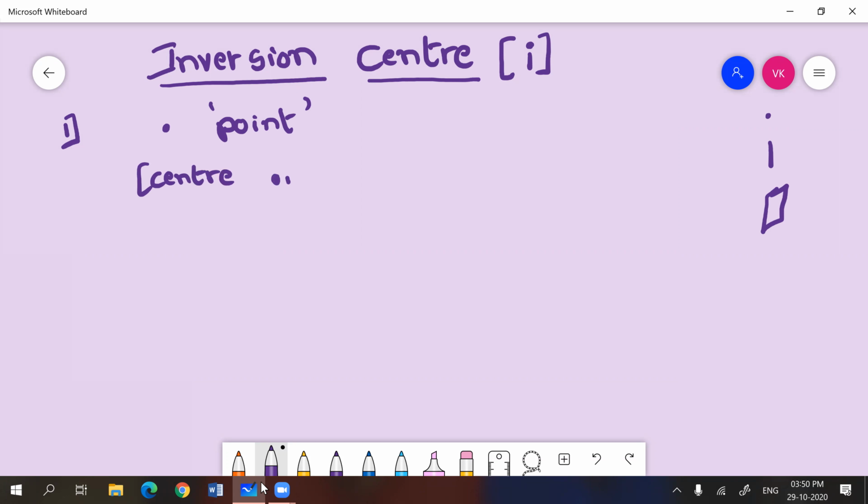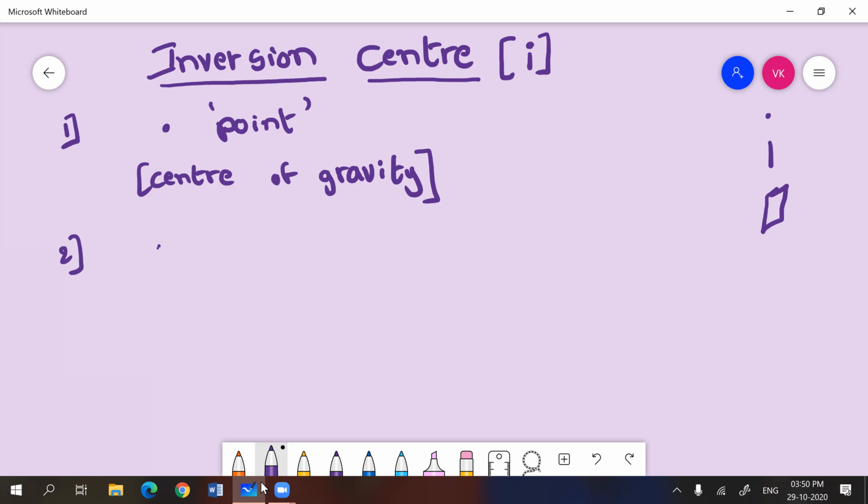For any molecule, there will be a center of gravity, and the molecule has to be inverted through the center of gravity. After doing this operation, if the molecule gives an identical or equivalent structure, then we can say that the molecule possesses an inversion center.